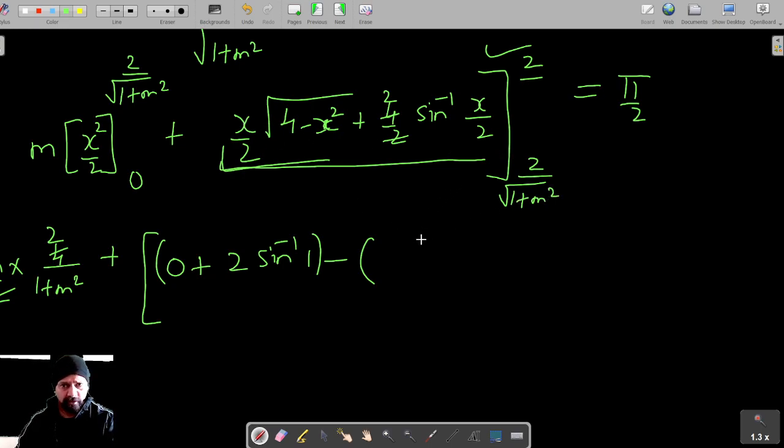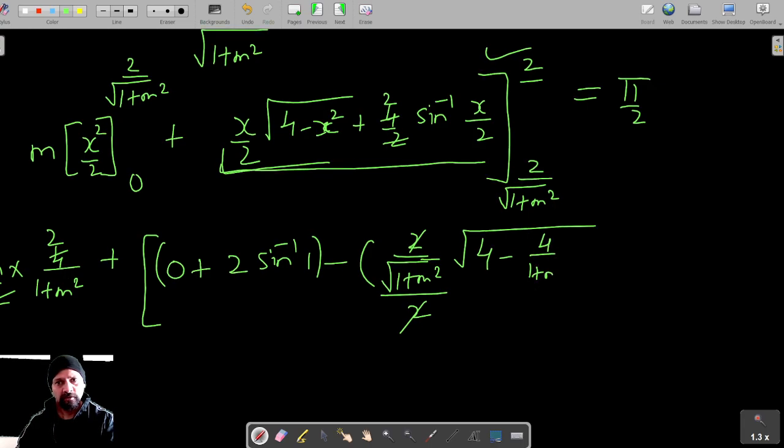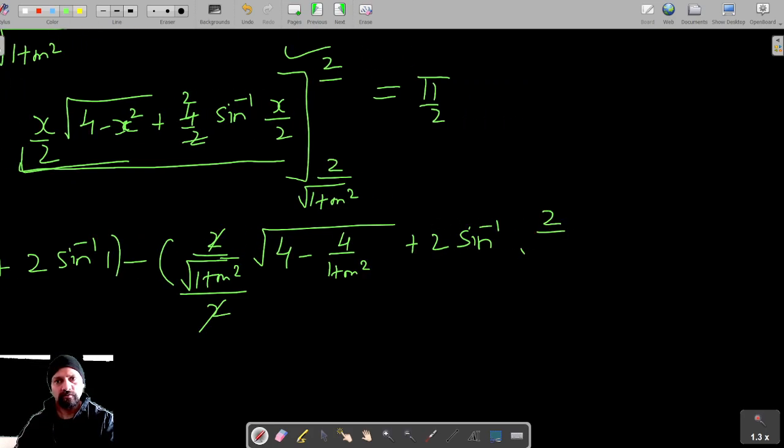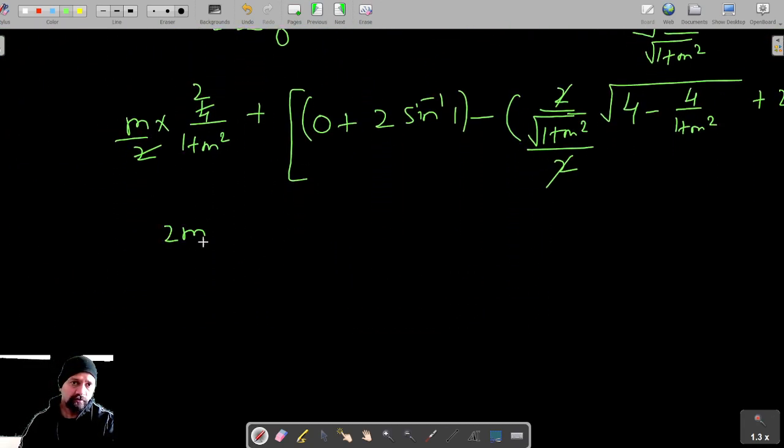Now if I put here x, 2 upon under root of 1 plus m square by 2, and 2 and 2 get cancelled, under root 4 minus x square, so this is 4 upon 1 plus m square plus 2 sine inverse x, where x is 2 under root 1 plus m square by 2, equal to pi by 2. Now this one is 2m upon 1 plus m square, and this is 2 sine inverse 1.